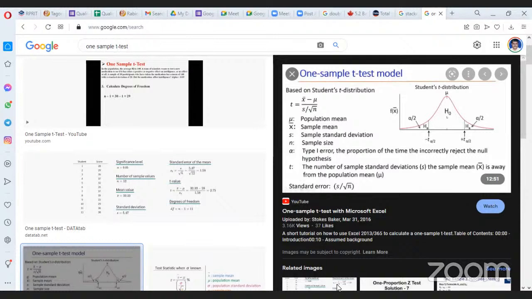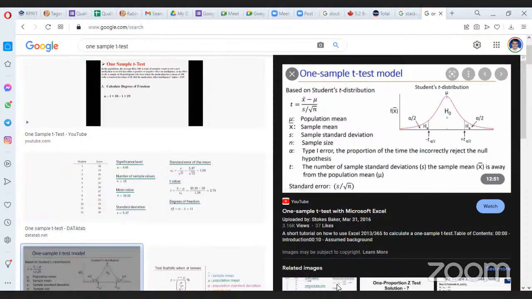This is the one sample t-test model. So now you go to the formula. It is written: the mean, that is the sample mean, minus population mean, divided by sample standard deviation divided by the square root of sample size.